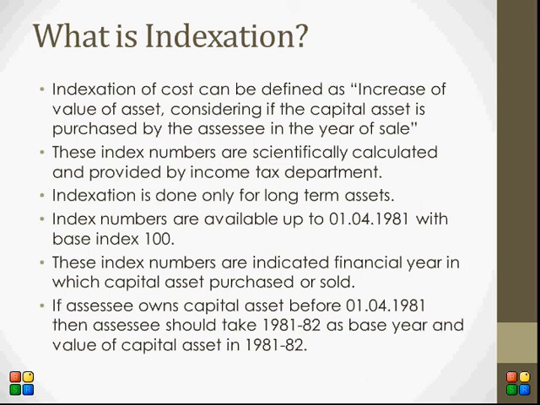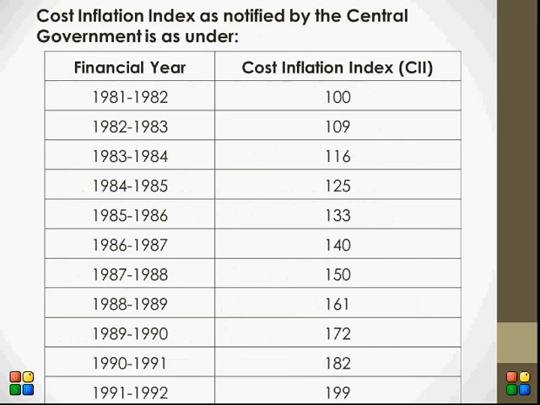So this is the cost inflation index as notified by the central government. If you see, financial years and cost inflation index. It starts from 1981-82, the base year, and for that base year the cost inflation index is 100. 1982-83 is 109, in 1991-92 it is 199.